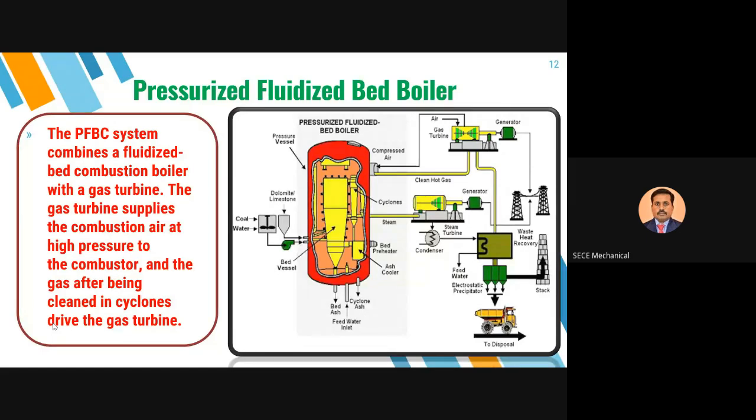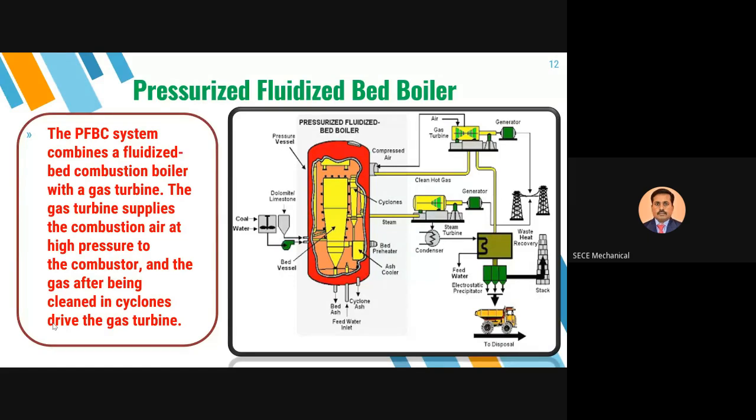In the normal fluidized bed boiler, we can maintain uniform temperature, and in the circulating type fluid bed boiler we can create high steam generation, but in the pressurized fluidized bed boiler we can create steam generation in a rapid manner. Because high forced air, compressed air, is supplied with the help of the gas turbine. So that is the key feature of the pressurized fluidized bed boiler.